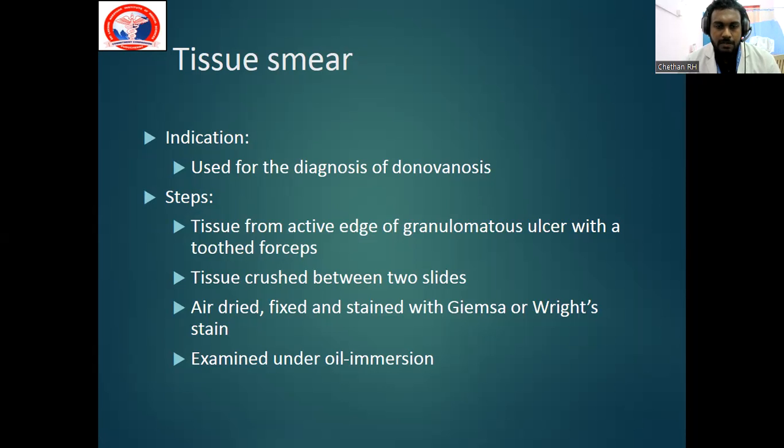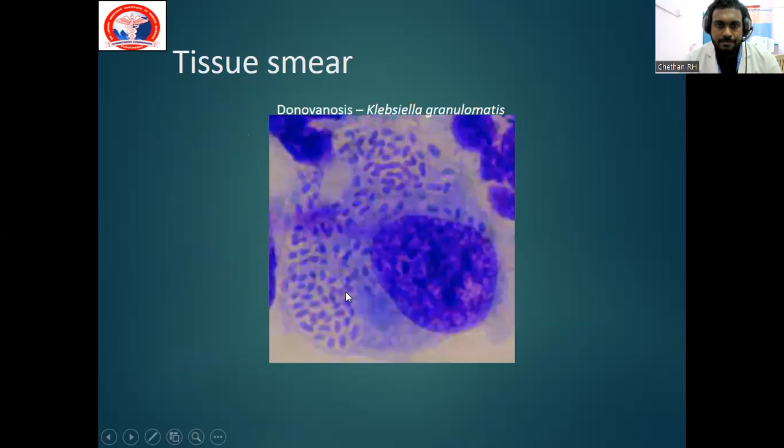This tissue is placed between two slides, and the slides are brought together and the tissue is crushed between the two slides. This slide is then air dried, fixed and stained with either Giemsa stain or Wright stain, and examined under the oil immersion microscope.